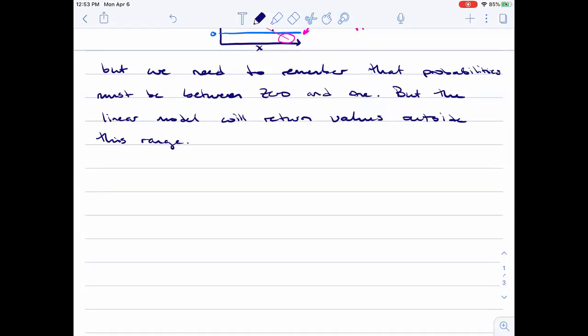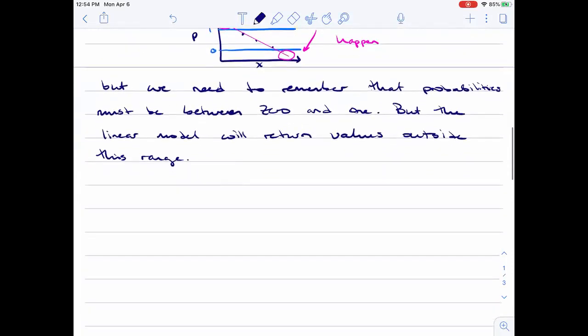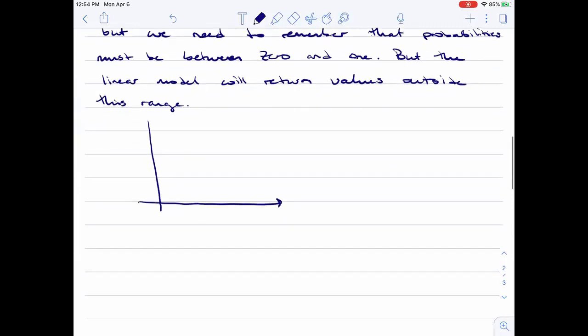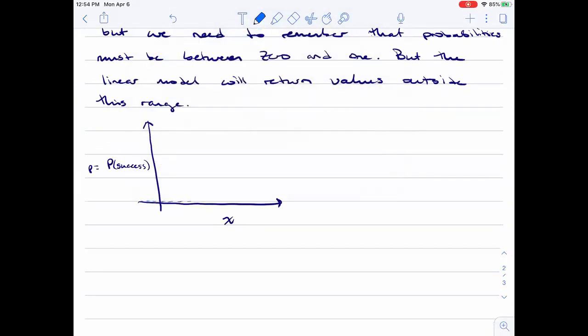So that's where this logistic model comes into play. If we are able to limit the outcome, so we've got X here, we've got P here, the probability of success, that's what it has been all along. And we limit it so it goes from 0 and can max out at 1.